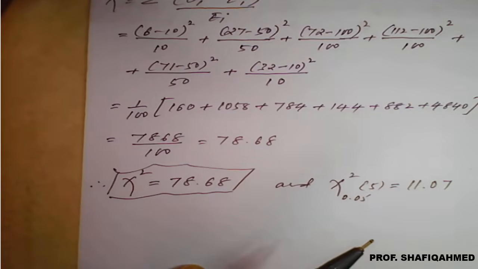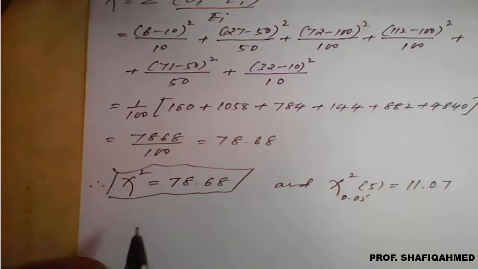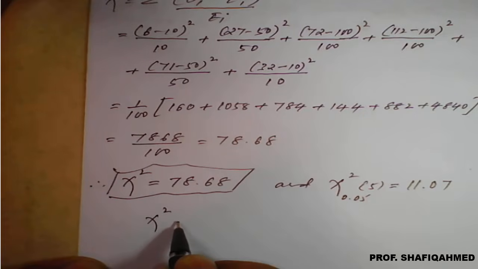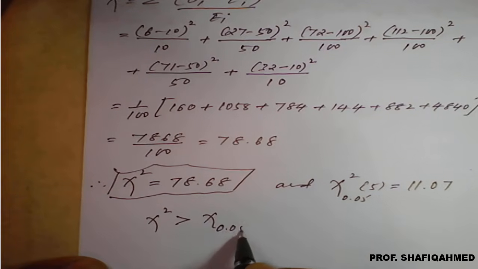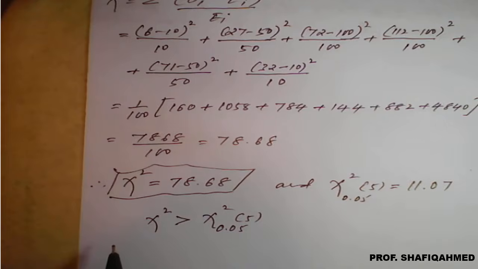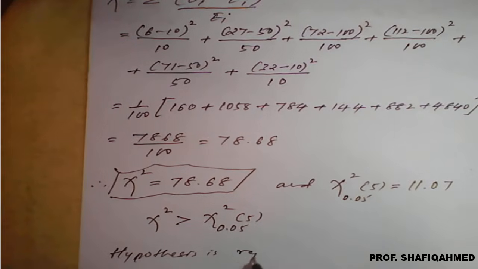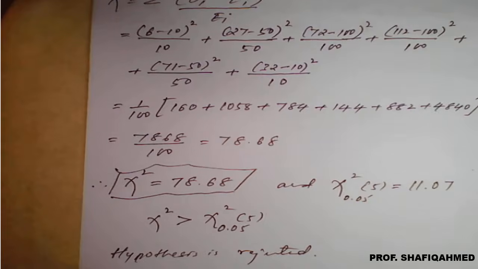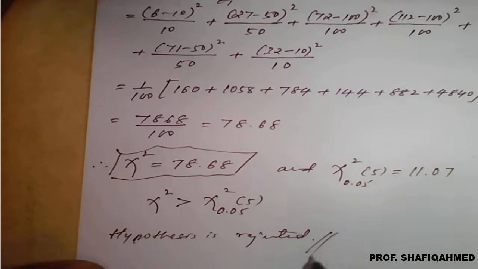So therefore what I can say here is that chi-square is greater than chi-square of 0.05 at degree of freedom phi, so therefore the hypothesis is rejected. So in this way we need to calculate the problems based on the chi-square test.